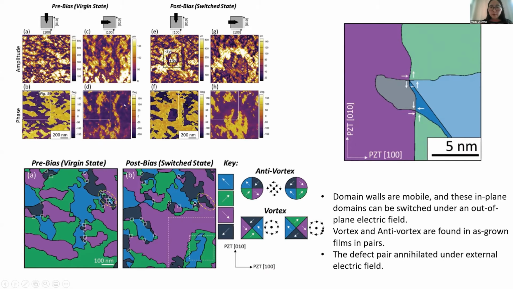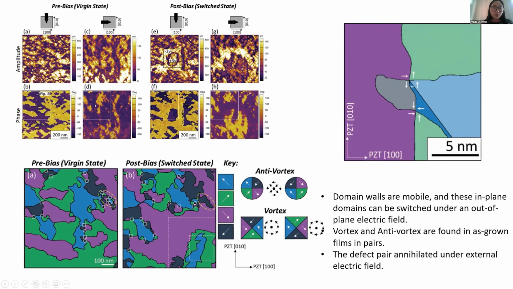This is very important because when we apply an external bias, these very elastic A1, A2 domains will move. This movement can contribute to a really high electromechanical response, which I'll introduce later.